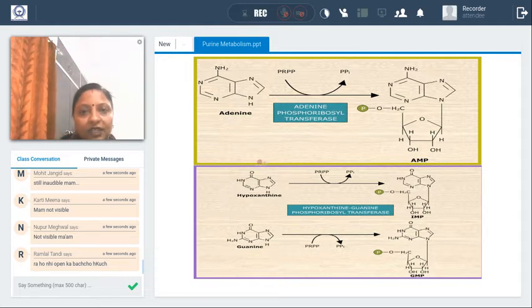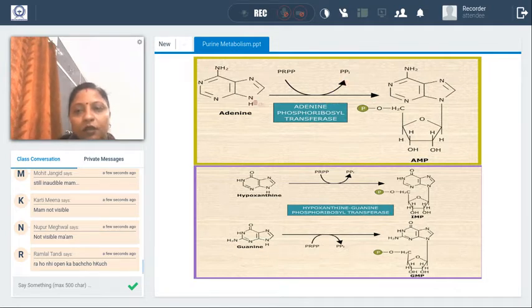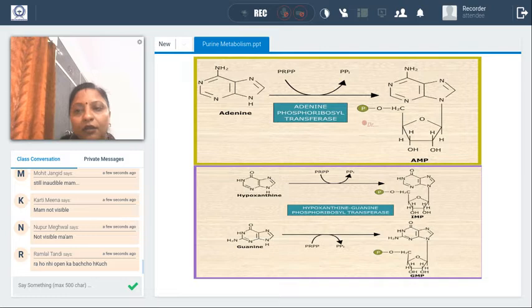By structure, we can understand this easily on this slide. Here adenine, the enzyme is adenine phosphoribosyl transferase, with PRPP and PPi. You can see AMP here, with incorporation of ribose 5-phosphate.